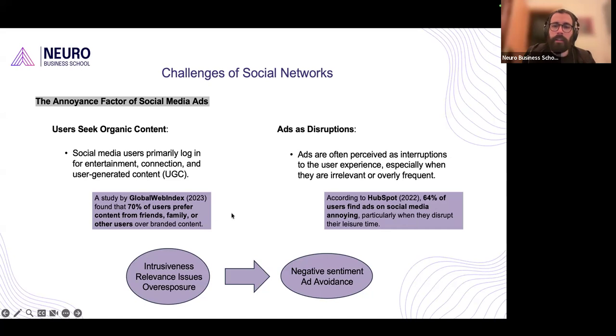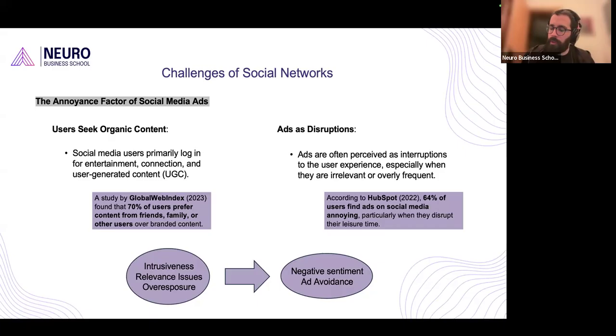So normally people that are connected with this kind of organic content, if you put an ad inside of that, and this ad is not good enough, not relevant for them, maybe over frequent, people perceive this ad as annoying, and you don't want your ad to be perceived as annoying, especially when they can recall your brand in the future.